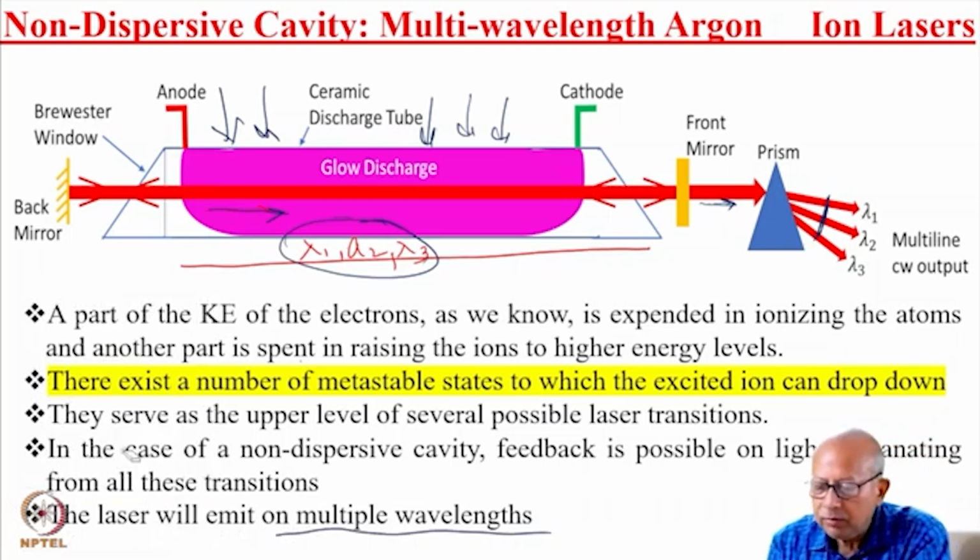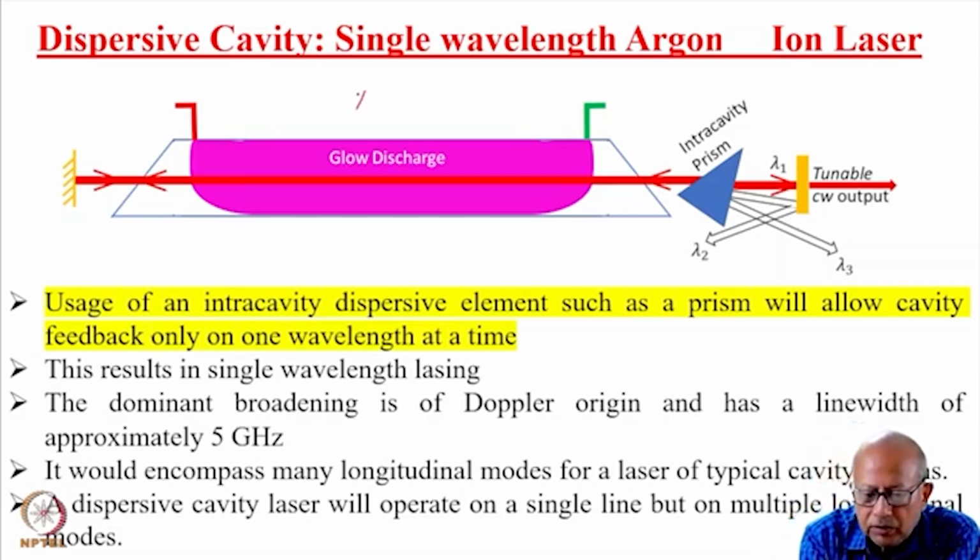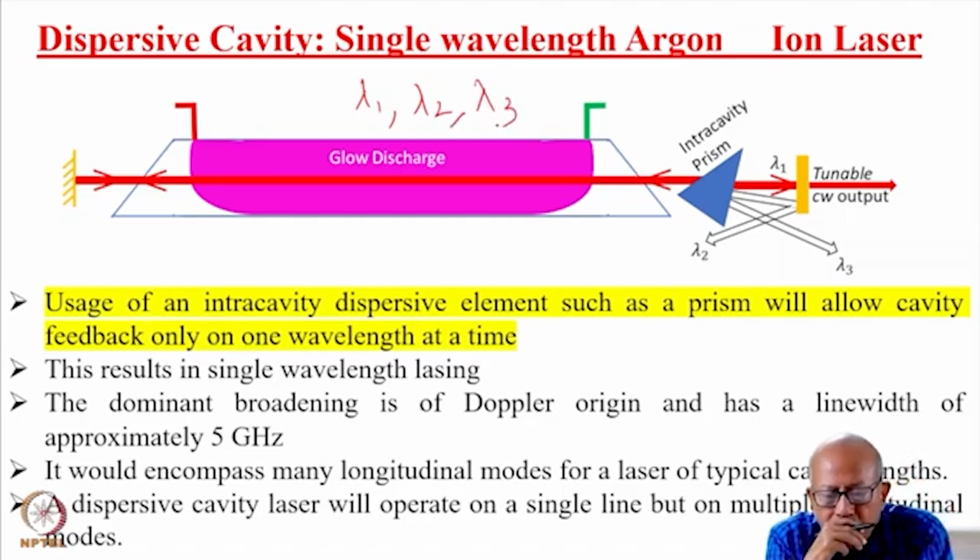Now let us consider the case of a dispersive cavity. Here again, after pumping, population inversion will exist on all those three transitions, that is lambda 1, lambda 2, and lambda 3.